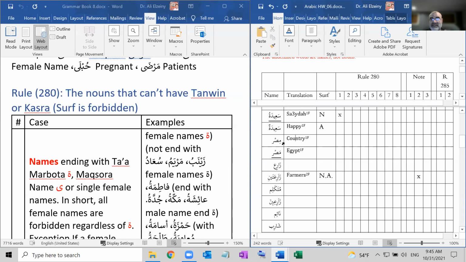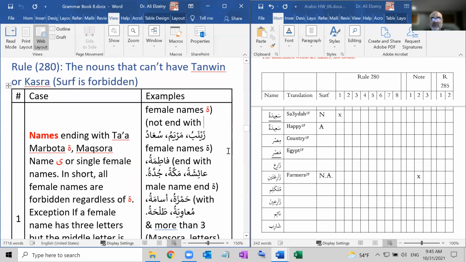If it is used as a country, then it's translated as one female. Misr, does it end with ta marbuta? No, but it is a female name. It's a female name. Therefore, rule one applies here.